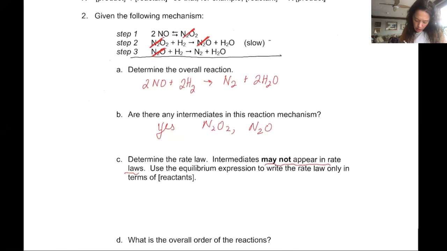According to the slow step, the rate is equal to K. Let's look at our reactants. Even though it's crossed out, we have to put it in here. N2O2, H2. We just write it down and let the stoichiometry determine the order. That's the only time you can do that.